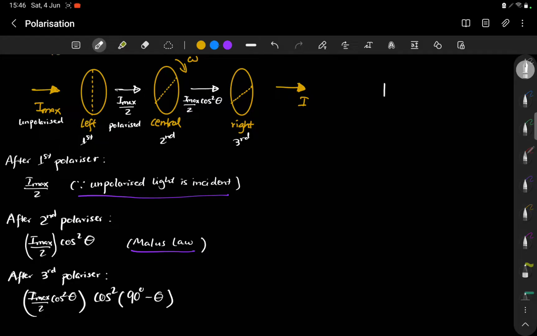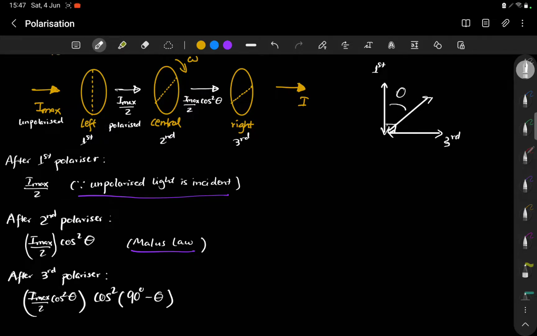The first polarizer has a transmission axis, let's say along this direction, and then the third polarizer has a transmission axis perpendicular to the first one. So this is first, this is third, this angle is 90 degrees, and the second polarizer has its transmission axis direction somewhere in between.